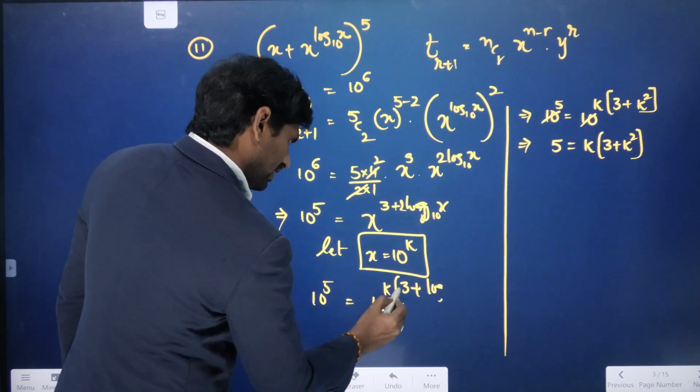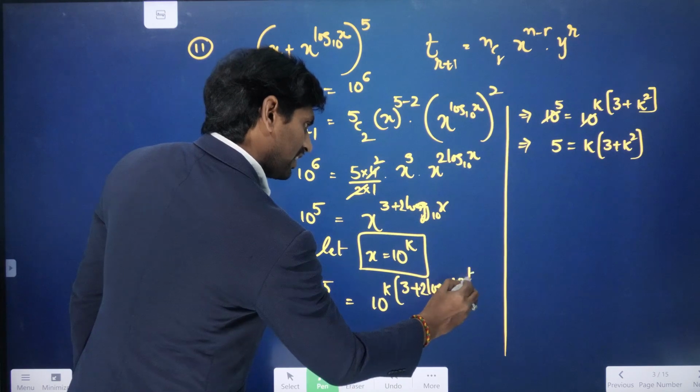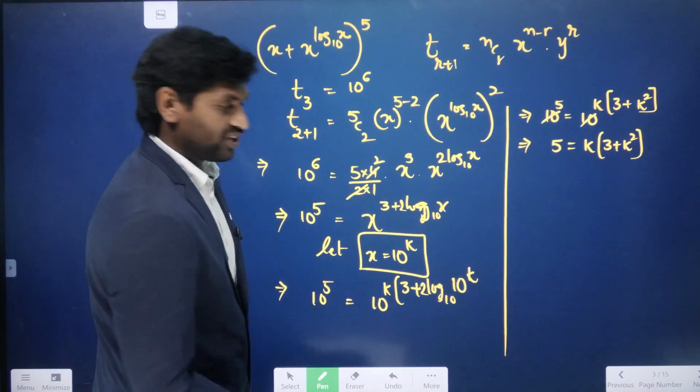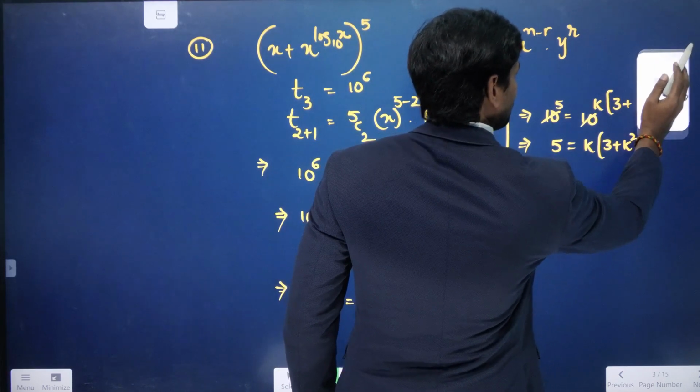I can write this one as 2 log 10 power k to the base 10. That means 3 plus 2k.